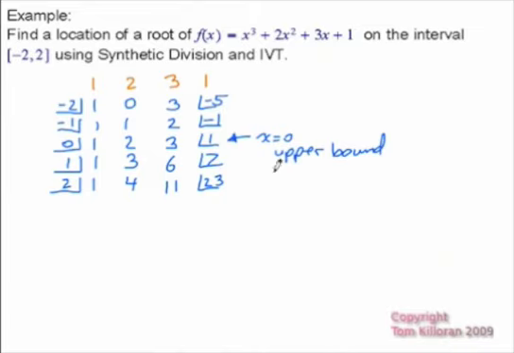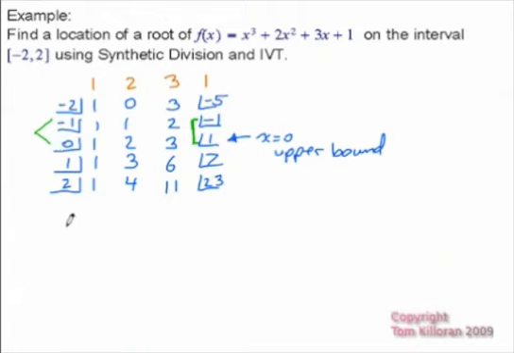The second interesting thing that happened here is between this calculation and this calculation, the sign changed on our answers from a -1 to a positive 1 in this case. That means there must be a solution somewhere between -1 and 0.